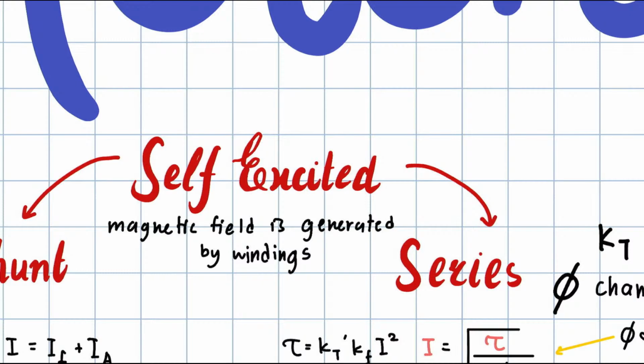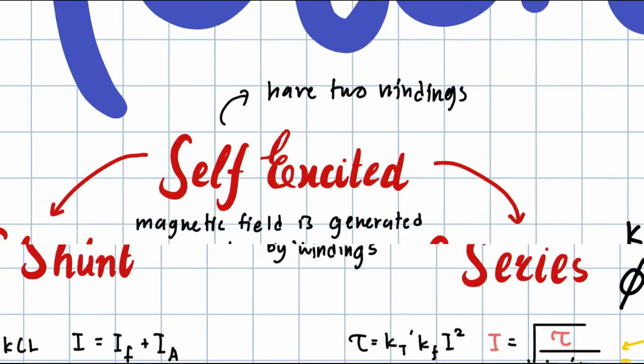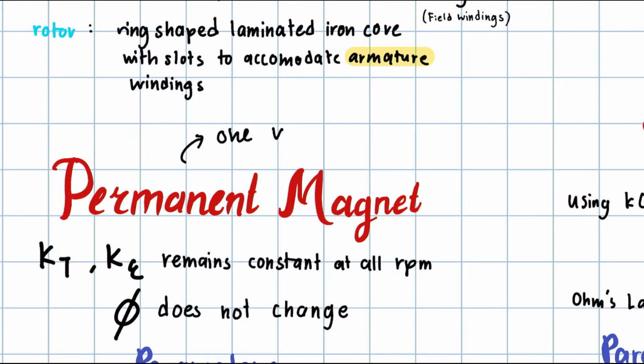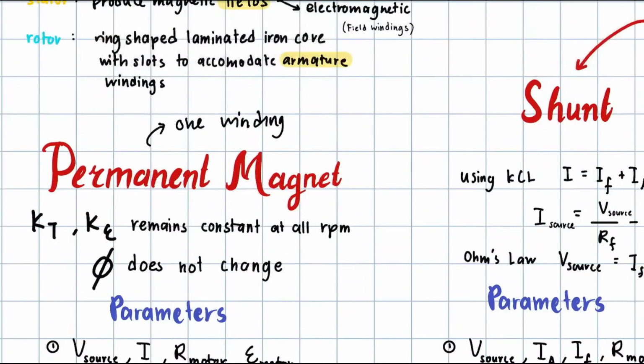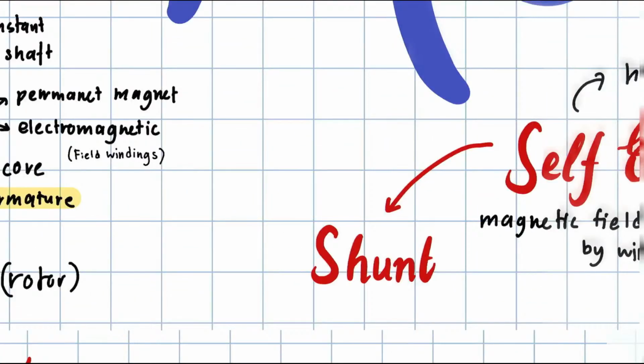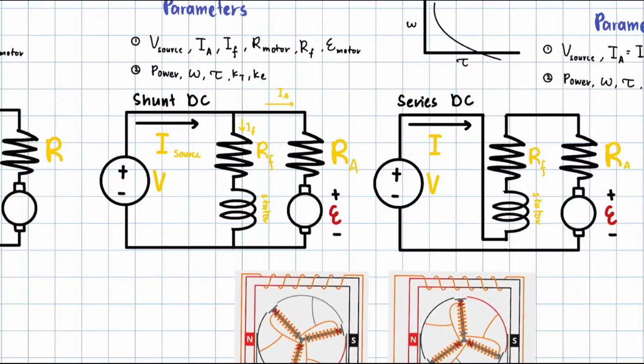Self-excited motors have two windings, whereas a permanent magnet only has one winding, which is the armature itself. The armature or the rotor, it doesn't matter, same thing. The rotor itself. But this one has two windings.